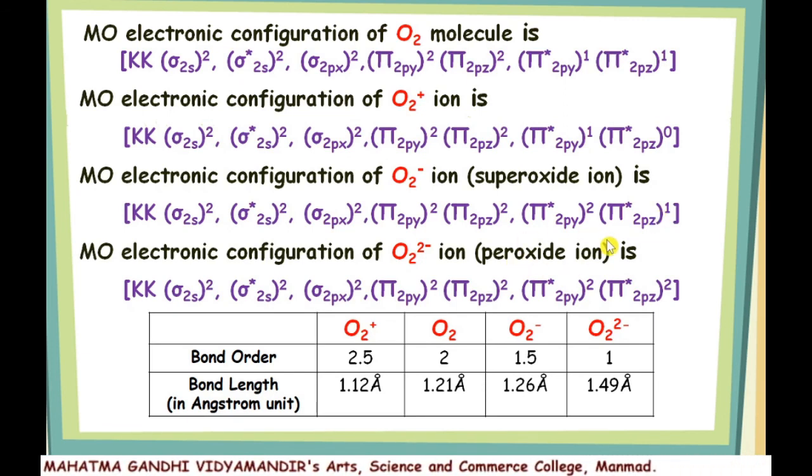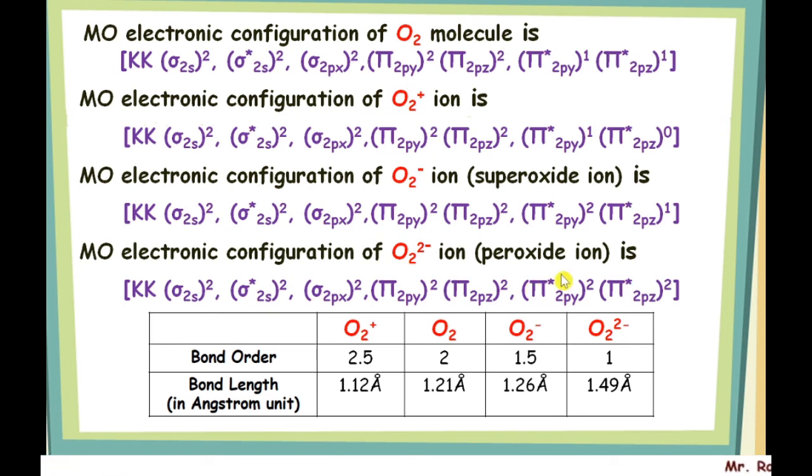In case of the peroxide ion, that is the O2 2 minus ion, pi star 2py2 and pi star 2pz2. Both the anti-bonding molecular orbitals, those are degenerate, are fully filled.